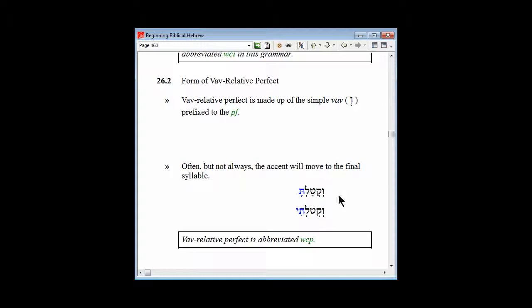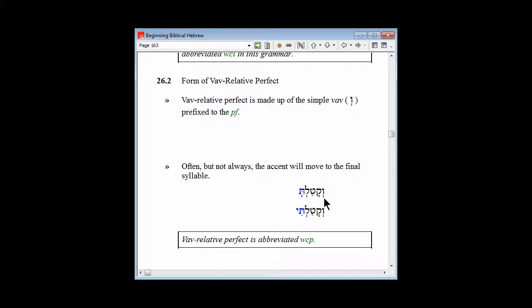If I had yiktol and then ve katalta, I would have "he will kill and you will kill." It's a vav relative perfect that takes on the translation aspect of the immediately preceding imperfect form.